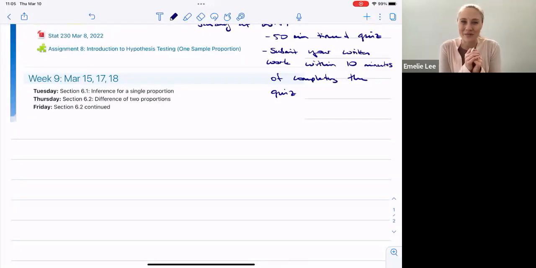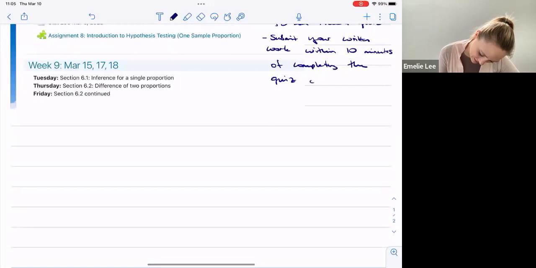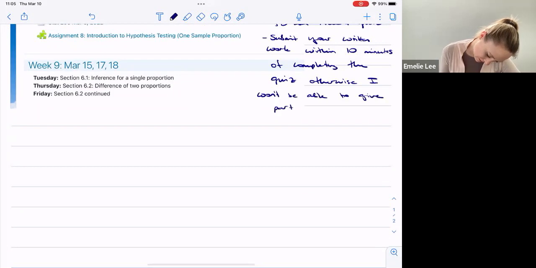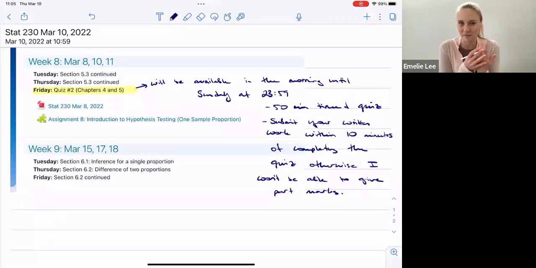Otherwise, it's very time consuming, and I won't be able to give part marks. Of course, if you haven't submitted anything, then there's nothing for me to look at, and the grade that you get is just the grade that you get, and maybe you're fine with that. Then you don't have to upload your work.